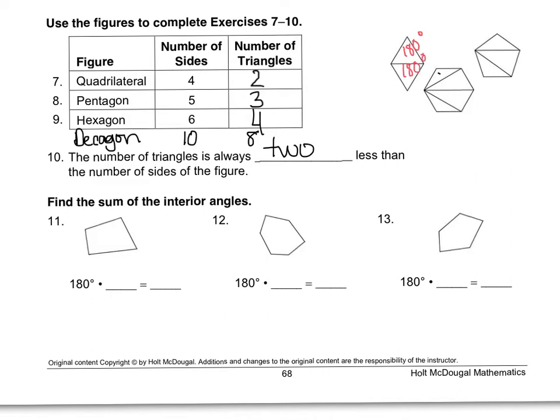So let's focus on this quadrilateral here. I have 180 degrees in that top triangle, 180 degrees in the bottom triangle. So the 2 triangles that make up this entire quadrilateral would add up to 180 plus 180, which is 360 degrees. It means all quadrilaterals, no matter their shape or size, will have 360 degrees.